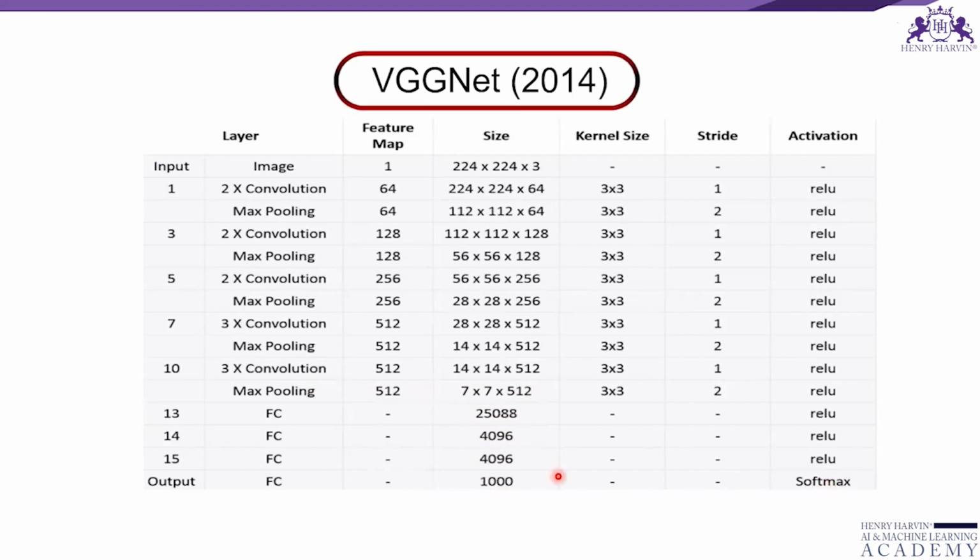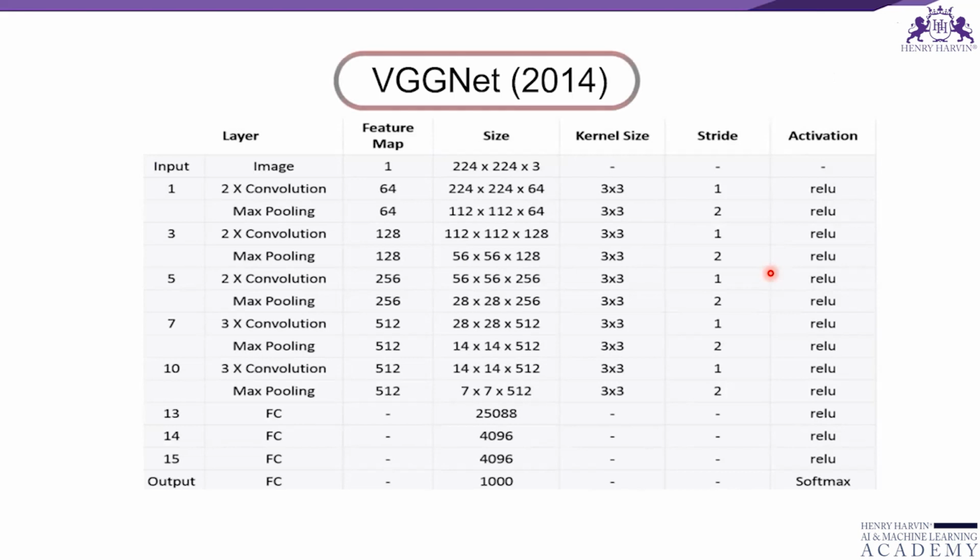Since here we have 1000 output classes, we are using softmax as the activation function. In all the other places, ReLU is being used. Hope this is clear to you. This picture is used when we introduce VGG16, and it gives a lot of information about it.